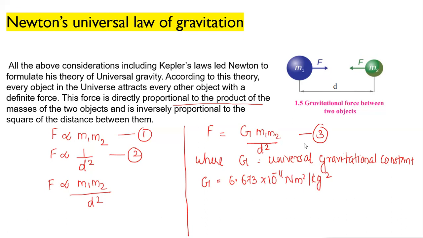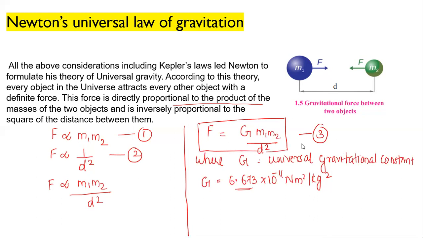When we take kilogram to the numerator, it becomes kilogram raised to minus 2. So this value you have to learn, 6.673 into 10 raised to minus 11. This force is called the gravitational force of attraction between two objects. This is the formula for calculating the gravitational force of attraction between any two objects.